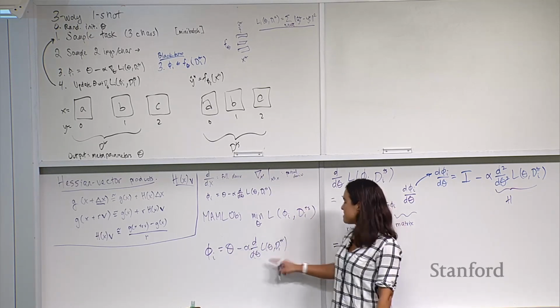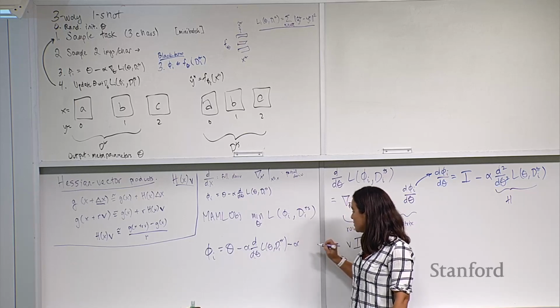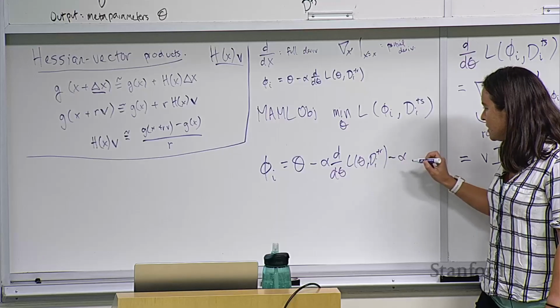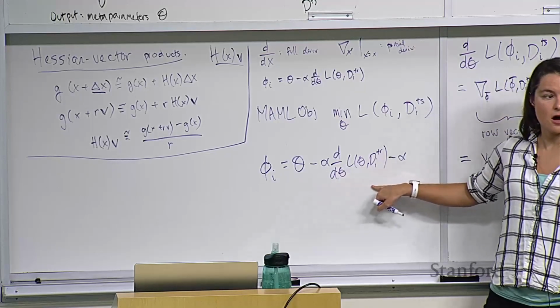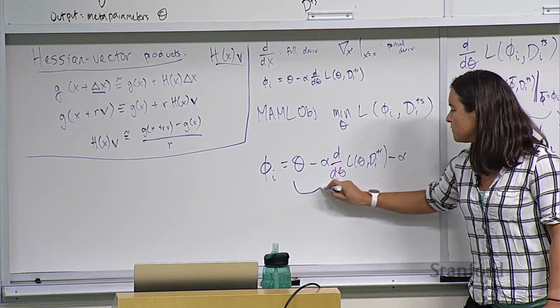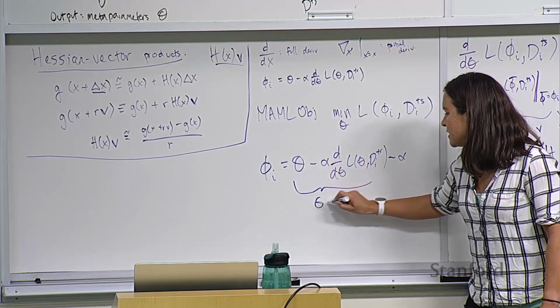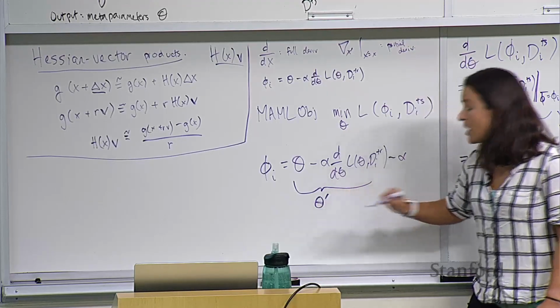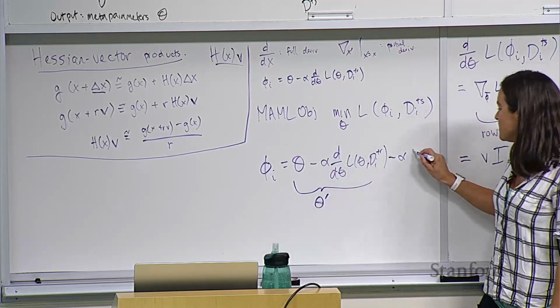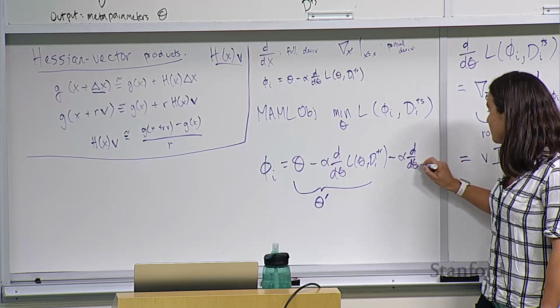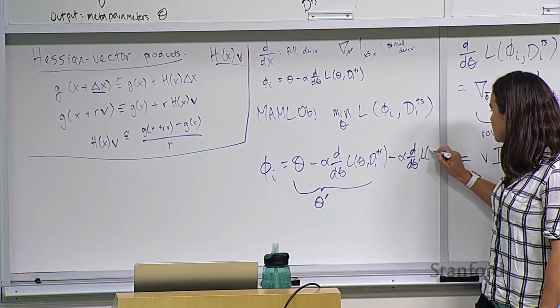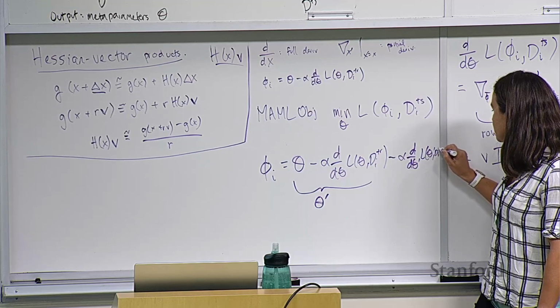This is just the first step. And then the second step, you're going to be running a second gradient step on this parameter vector. So if we refer to this parameter vector as theta prime, then this next step is d theta prime of L theta prime di train.